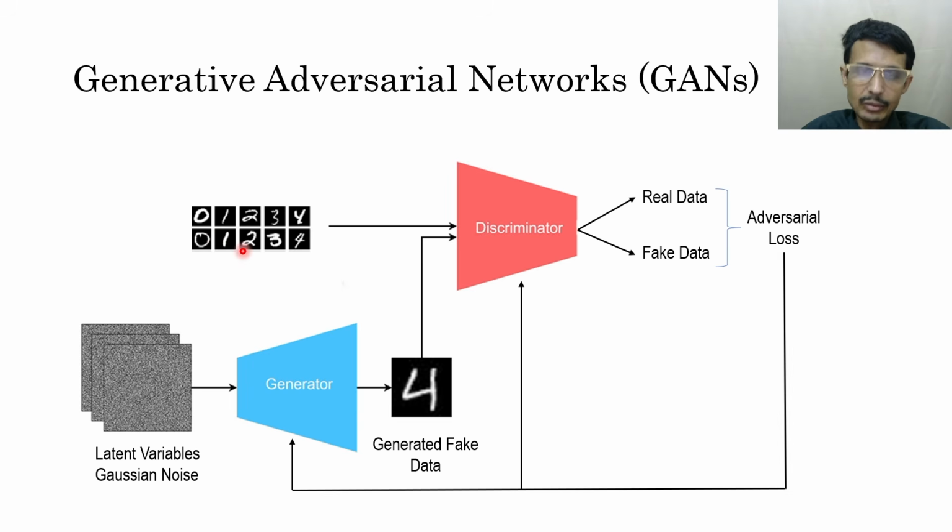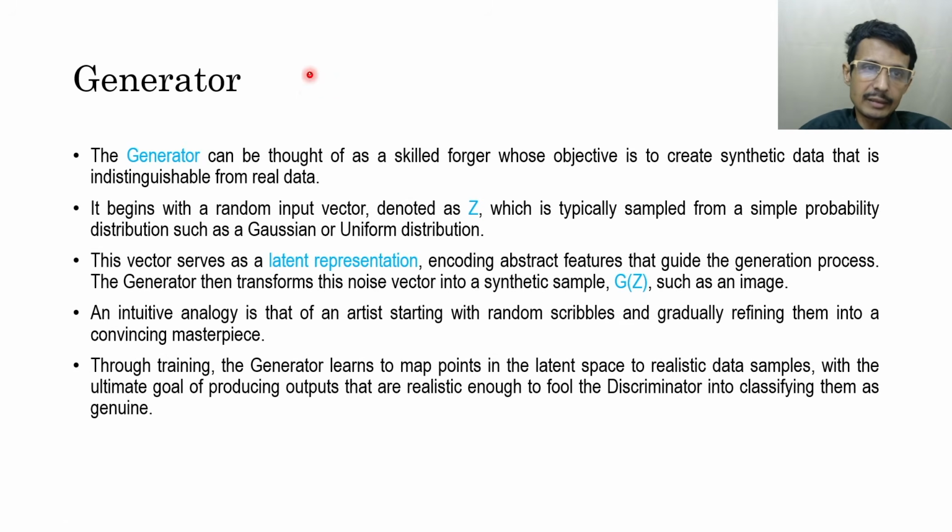Okay. Now come back here. It begins with a random input vector, as we said, the z vector, the latent vector z, Gaussian noise, which is typically sampled from a simple probability distribution such as a normal distribution. Now this vector serves as a latent representation, encoding abstract features that guide the generation process.